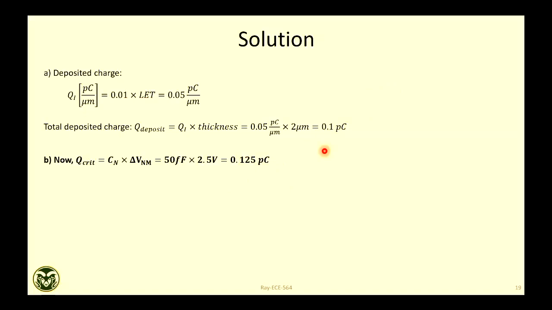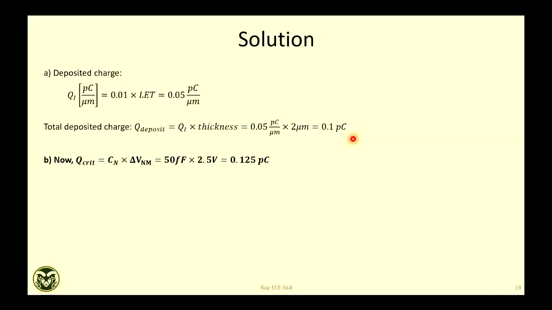Then what is the voltage across the capacitor? Initially, the voltage was 5. The capacitor was fully charged. But now the capacitor has lost 0.1 picocoulomb. What is the voltage, right? Will it be more than 2.5 or less than 2.5? It should be more than 2.5, right? Because there is no upset.